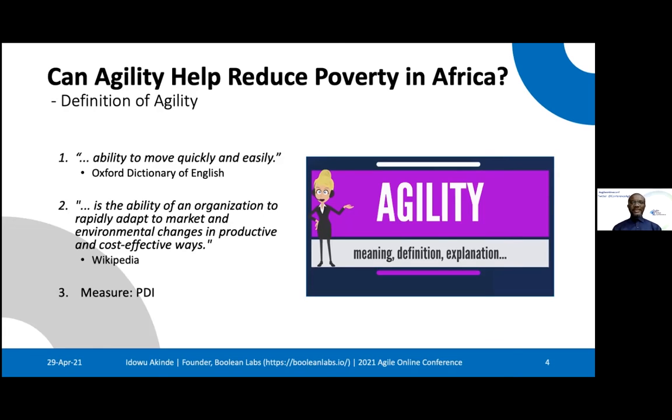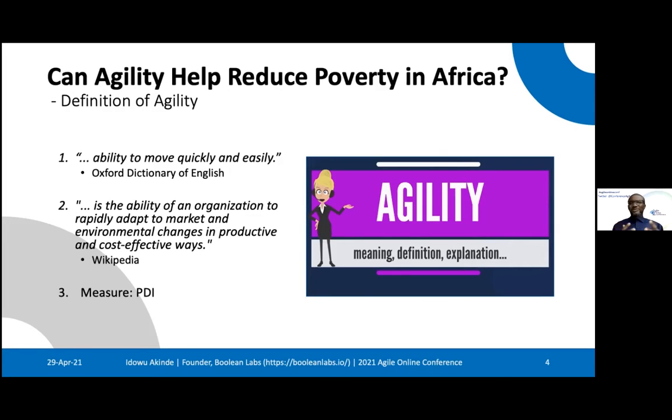I have, as a third point there, something that I would like us to adopt as a measure. Again, there are many ways to measure agility. Because we're talking about nations and their respective levels of agility, it wouldn't be appropriate to use the traditional team-based metrics: velocity, cumulative flow, sprint burn down, burn up.